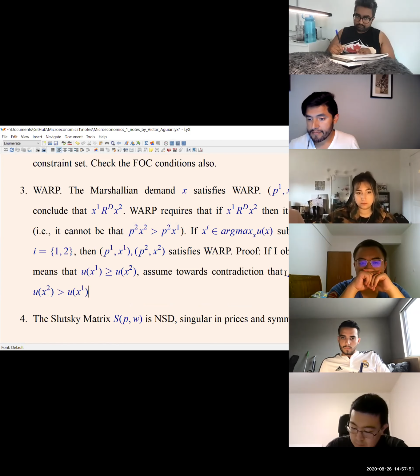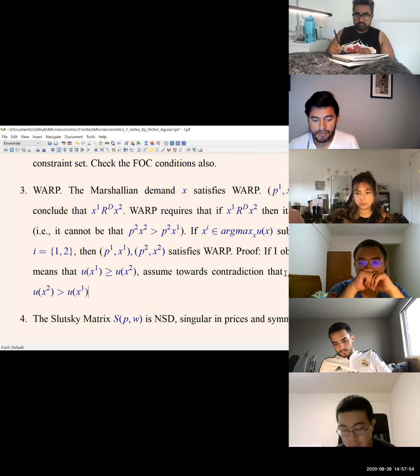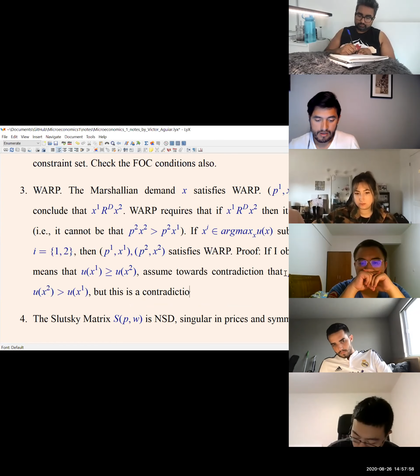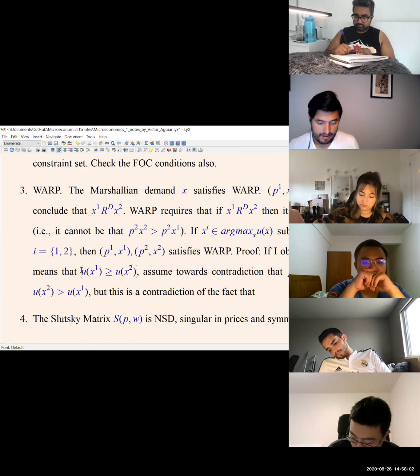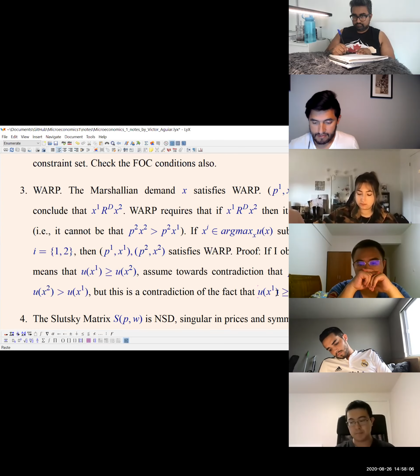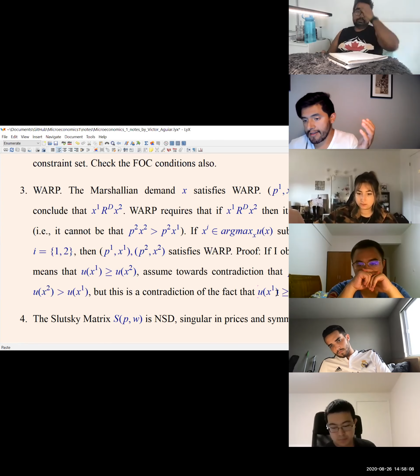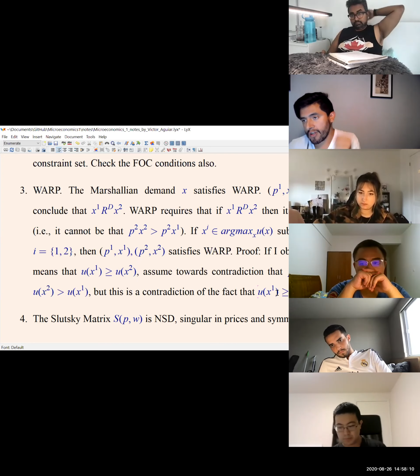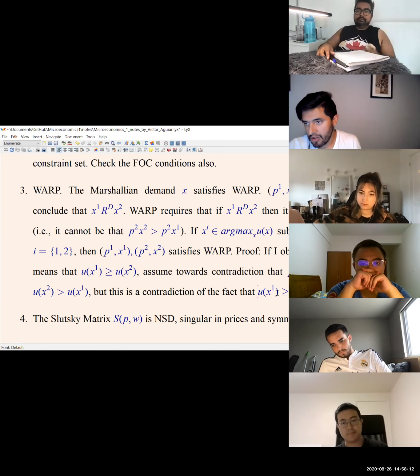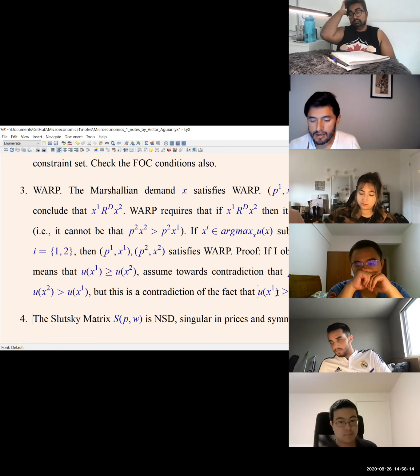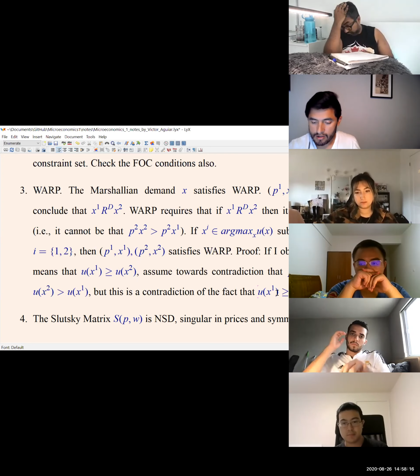Do you agree? But this cannot happen, right? This is a contradiction of the fact that the utility of X1 was above, because this is just the real line, right? So you cannot have 2 greater than 1 and then 1 greater than 2. It cannot happen, so this is a contradiction, and then I'm done.